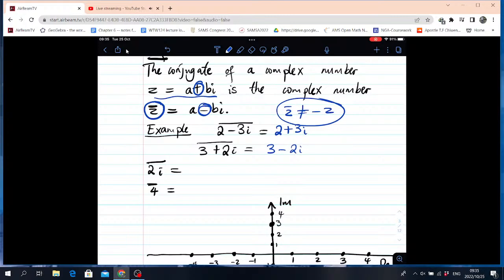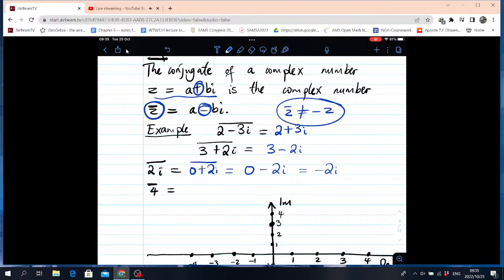And then we've got the complex number 2i, and that is going to be equal to 0 plus 2i, right? Which is going to be equal to 0 minus 2i, which is minus 2i. Here I'm just illustrating. Otherwise, you don't have to do all the steps there.